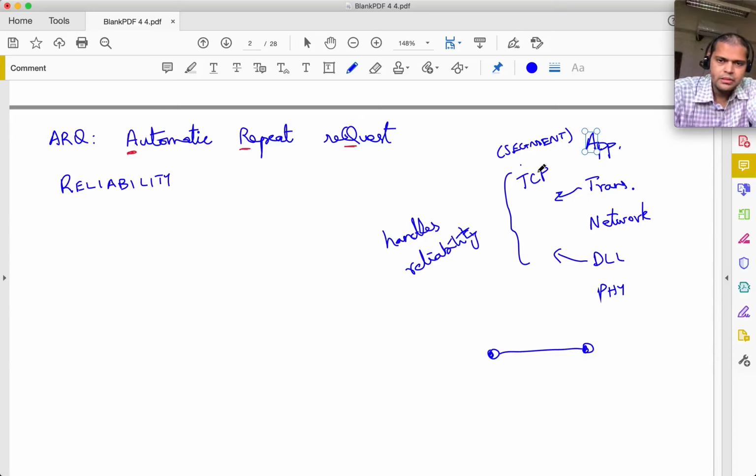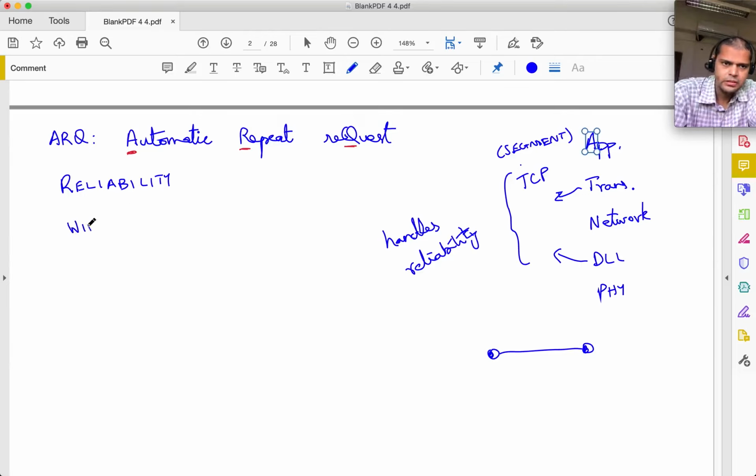So if a segment is lost, TCP tries to figure that out and retransmits it, but that takes a lot of time, so it's inefficient. So if you have a link which is, let's say, very noisy or prone to errors, it makes sense at the data link layer itself to retransmit the message. Okay, and in fact Wi-Fi uses ARQ.